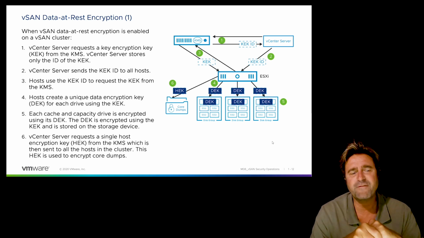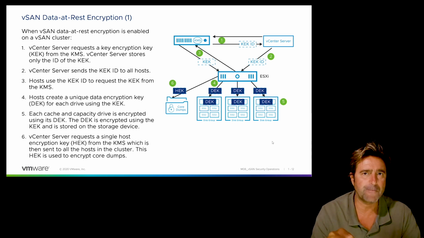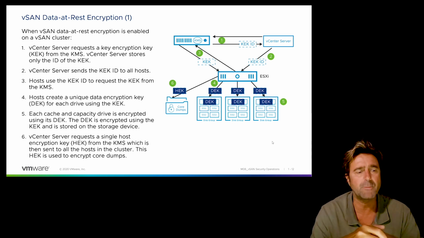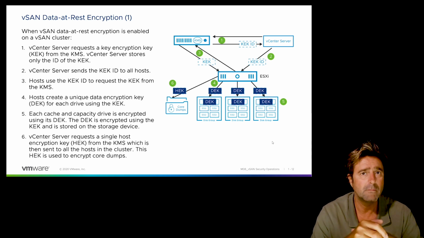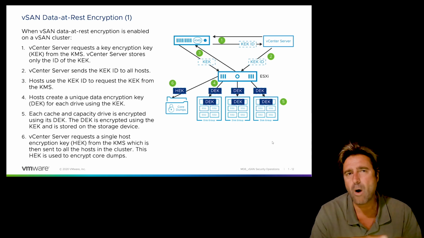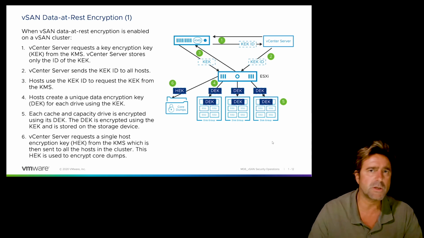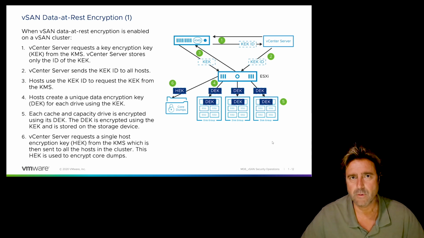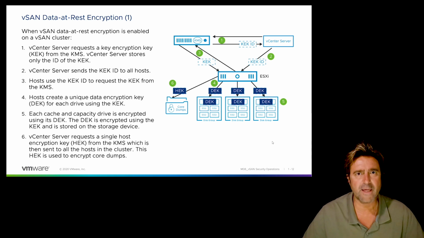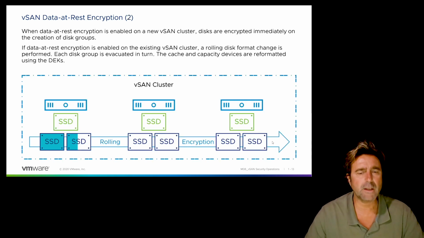If you look at step number 5, notice it says each cache and capacity device is going to be encrypted using the DEK. And if you wonder, why do I need a HEK? The host encryption key is used to encrypt your core dumps should you end up with a purple screen of death.